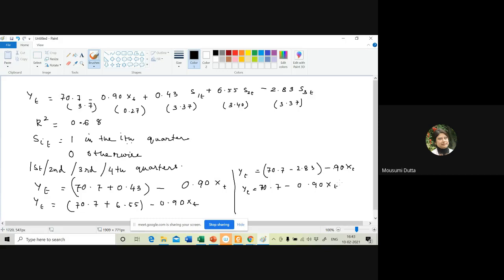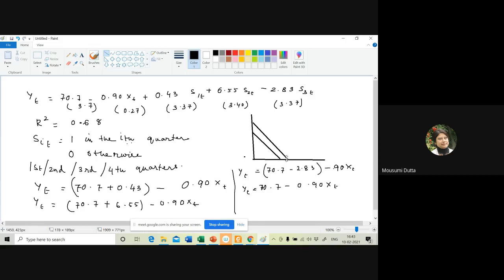Okay, so these are the things. Now, once you get this, you will be able to indicate that the highest intercept you are getting is in the second season. So you are actually getting a set of parallel lines here, this kind of set of parallel lines.